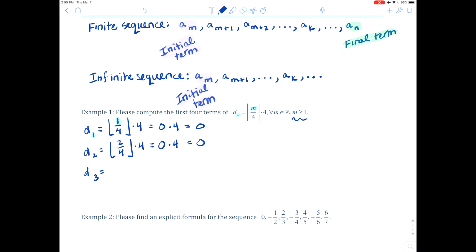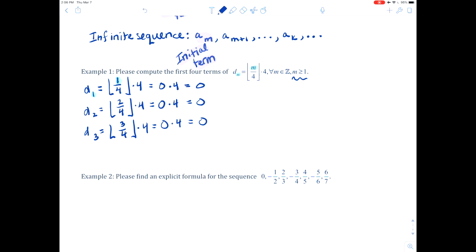D3, 3/4, the floor of 3/4 times 4, you still get 0, right, for the floor portion, and 0 for the term. But D4 changes it up a little, right? Because what do we get? Beautiful, 1 times 4, which is 4.